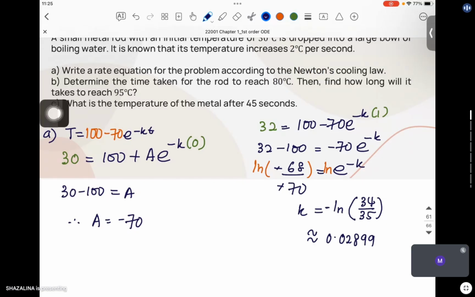Please make sure when you convert to decimal points, make it 4 decimal points. 4 titik perpuluhan. Yang ni 4 titik perpuluhan tau, bukan 5. Kita start dengan 2 ni. 1, 2, 3, 4.